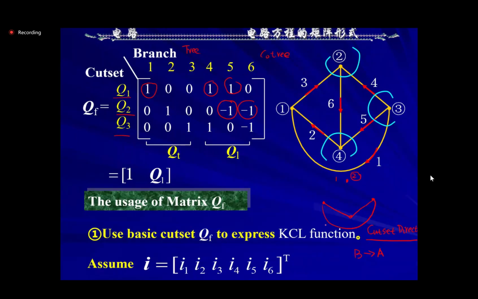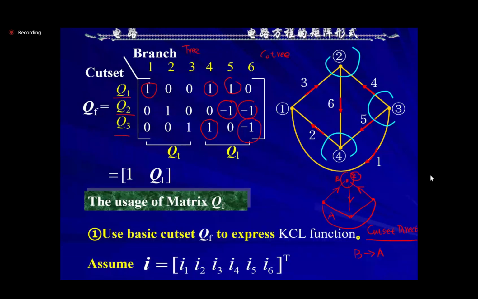So we choose this part B, this is part A. The cutset direction, tree direction, is from A to B. The cutset direction is A to B, but branch 4 is also from A to B, so the 4 position is positive. But branch 6 is from B to A, so it's negative.